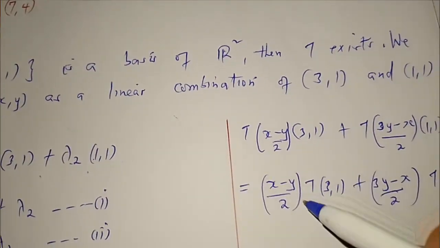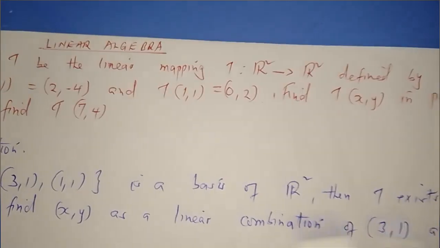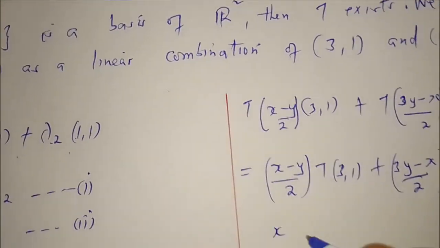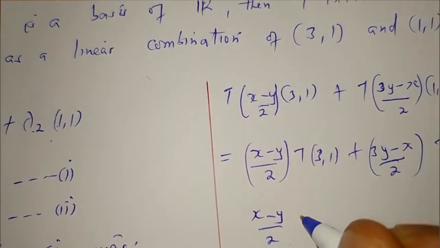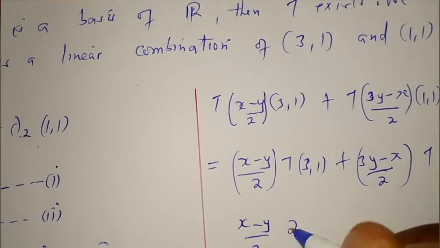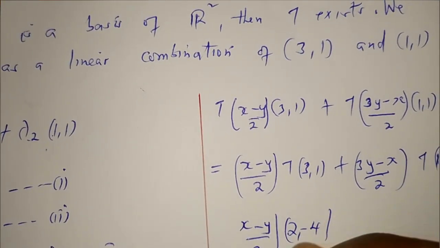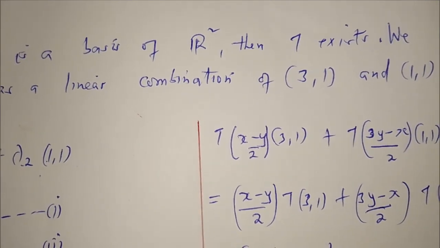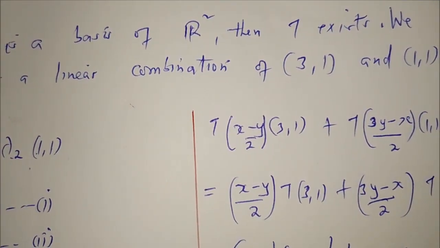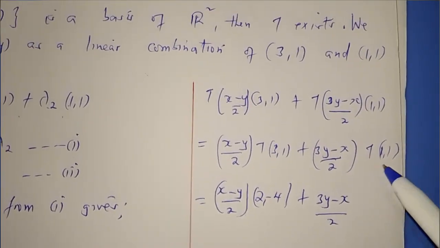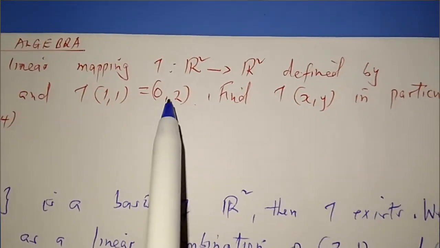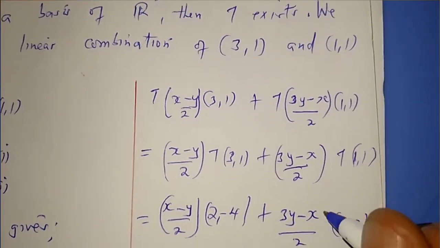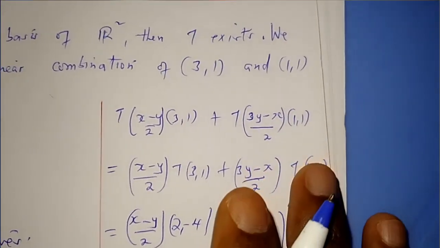So the whole of this we replace with (2, −4), so (x − y)/2 times (2, −4), plus (3y − x)/2, and from the question T(1, 1) is equal to (0, 2). So we put (0, 2) here. Hope you understand.